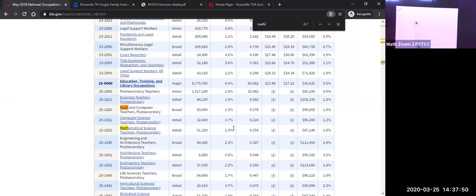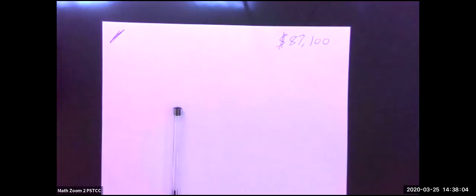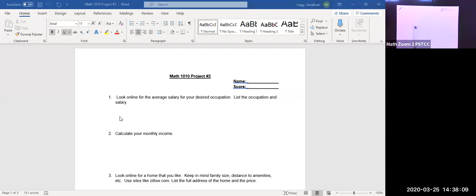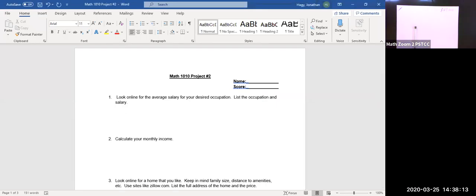According to them, the average salary is $87,100. So for question 1, just list your occupation and whatever the salary is.